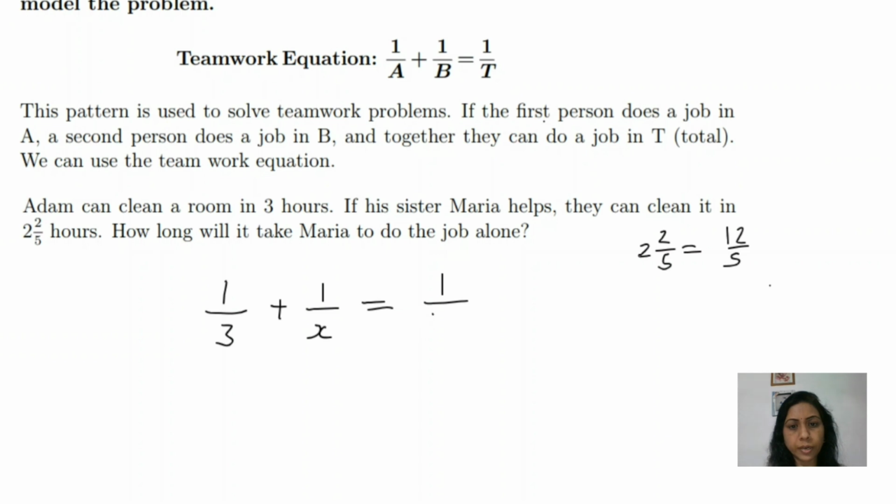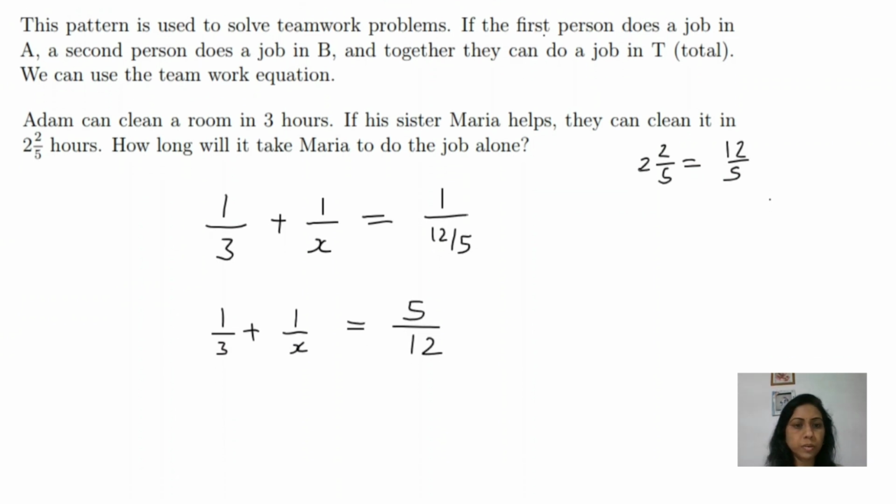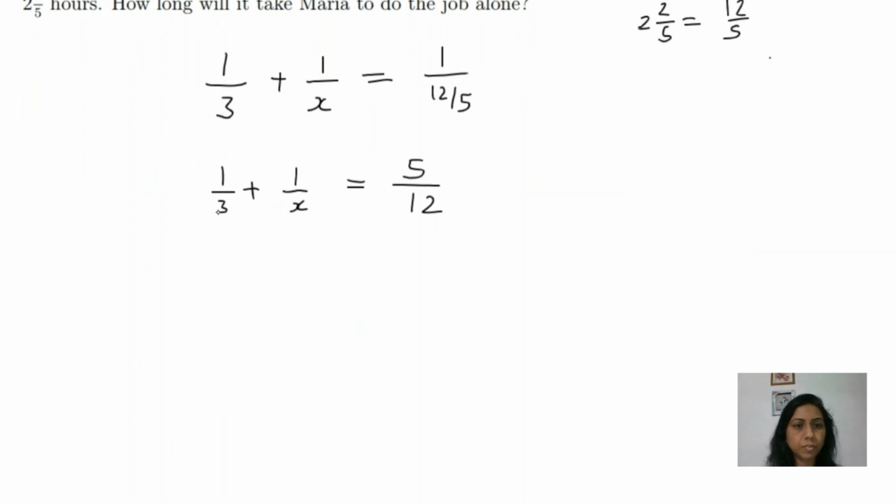So here we write 12/5. 1/3 + 1/x is equal to, here we write the reciprocal, so this will be 5/12.